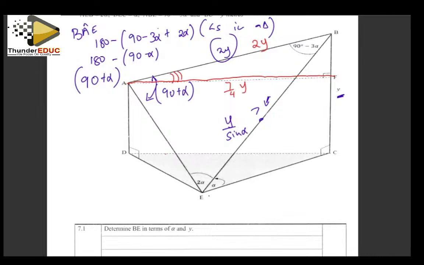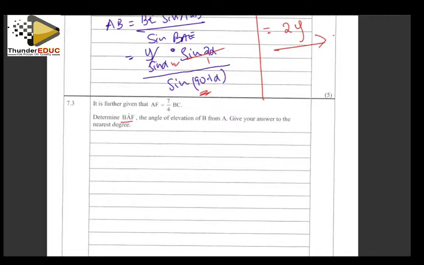Since this is a right angle triangle, we can use the trig ratios. So if this is our BAF, this is 7/4y, this is 2y.